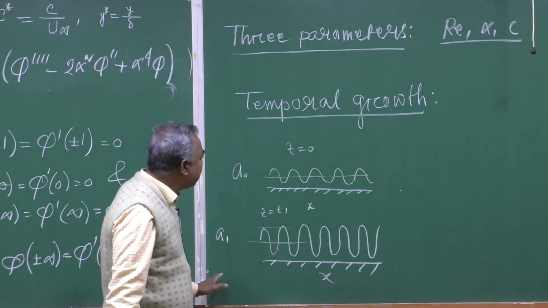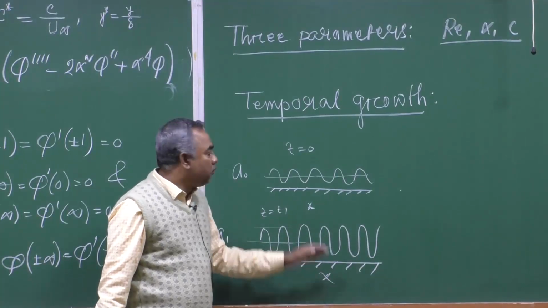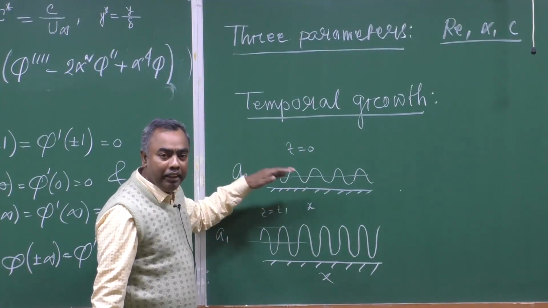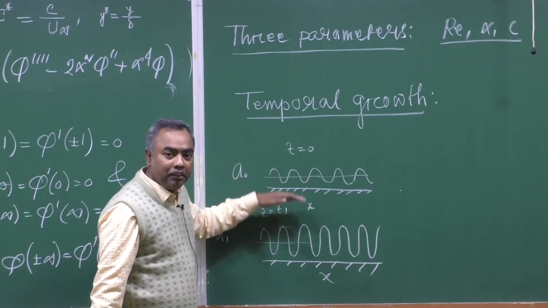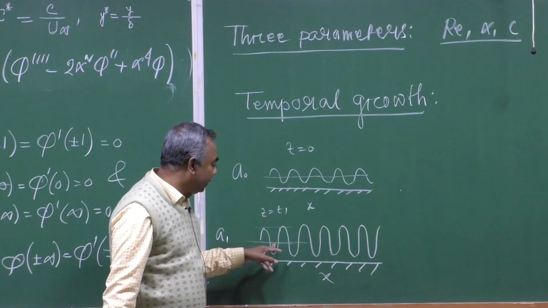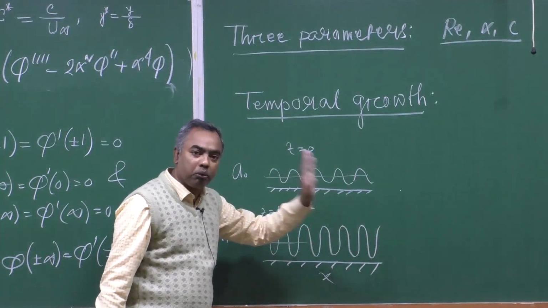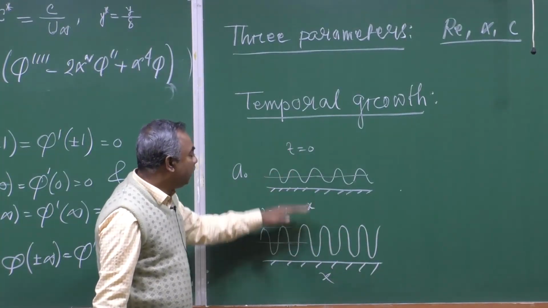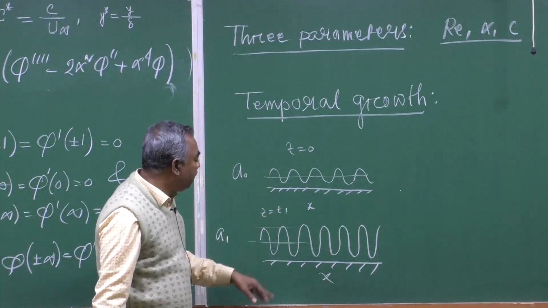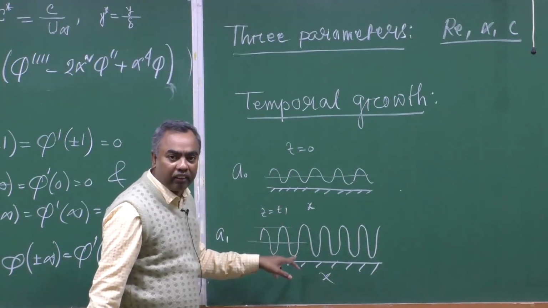That means, with respect to time, the amplitude is increasing at all these locations simultaneously. So, this is what is our temporal growth, meaning amplitude of the disturbance at any point in the flow is growing with respect to time. It does not matter whether it is this location, this location, or this location. So, this is what can be considered as temporal growth. If you consider at t is equal to t2, this amplitude will be even bigger.